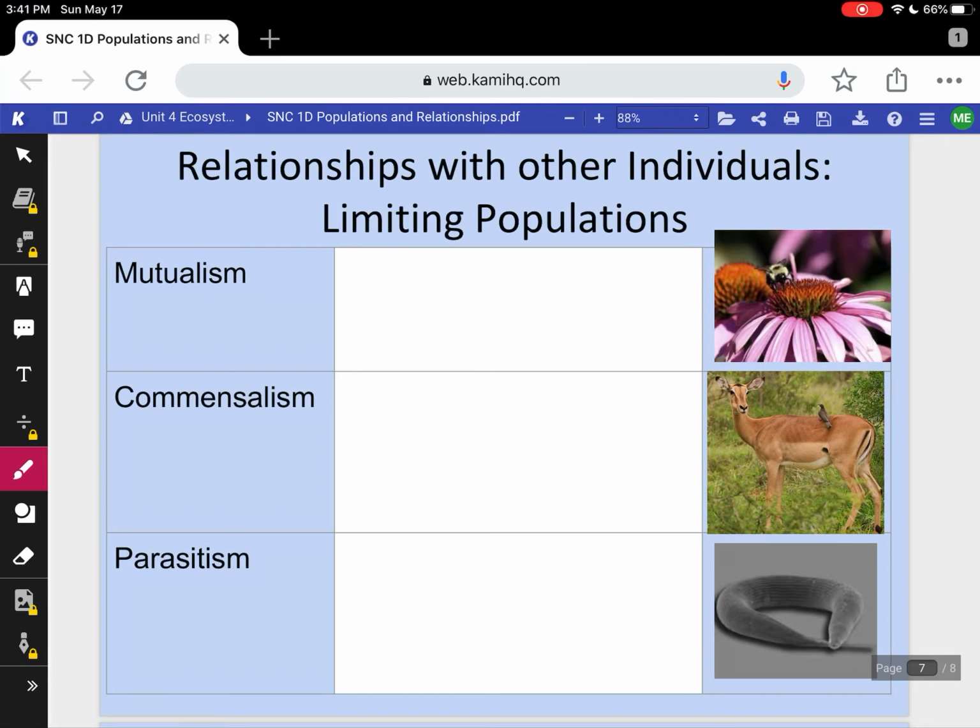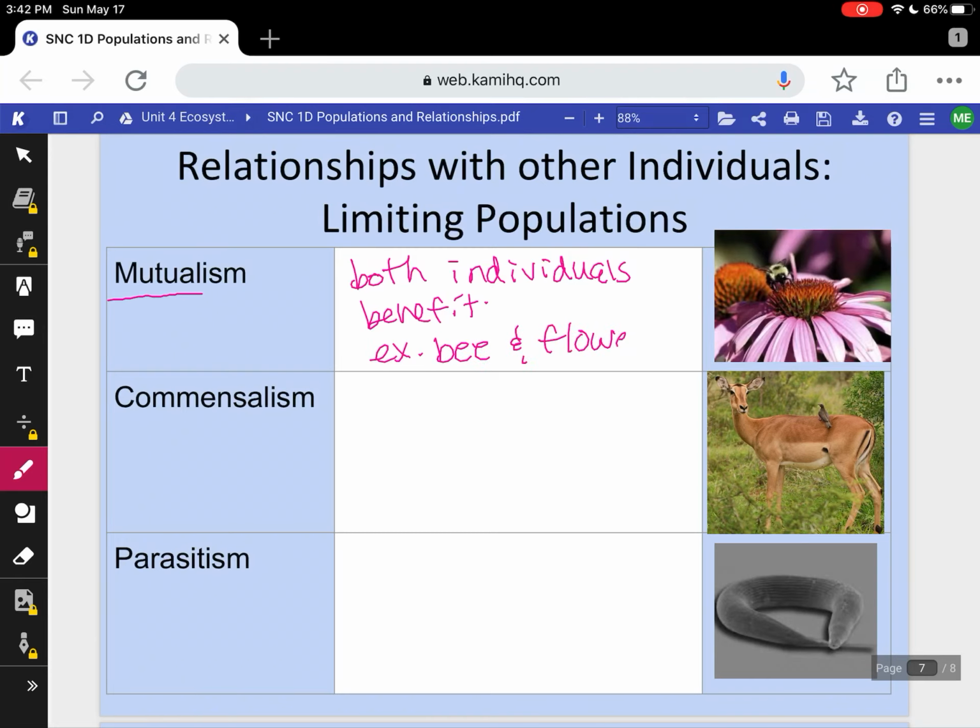Okay, we have 3 other types of relationships. This first one is called mutualism. In mutualism, both individuals benefit from the relationship. An example here would be a bee and a flower.